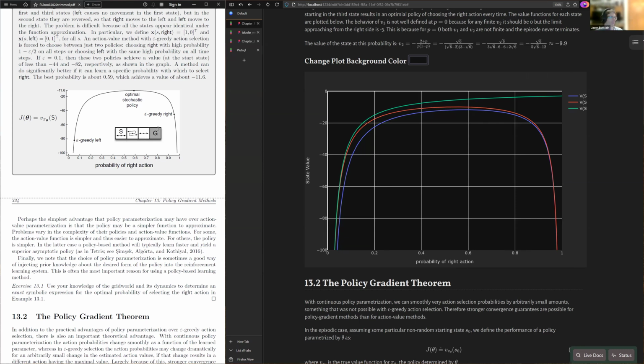The only place a deterministic policy is successful is if you started in this state every time, which you can see here, this value approaches 1 as the probability of right approaches 1. And that's because here, if we go right, we actually reach the goal. But in the other two states, it doesn't work. And we've already defined the problem is we're always starting in this state.